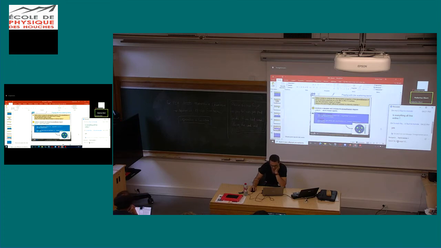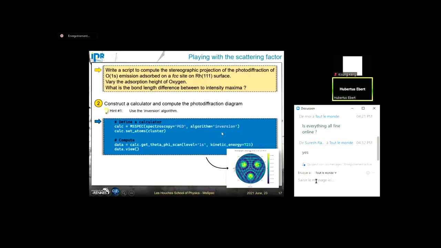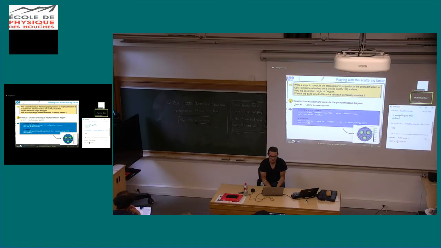So you just have to modify this one, add a small for loop to vary the absorption height, and be able to tell me what is the bond length difference between two intensity maxima.